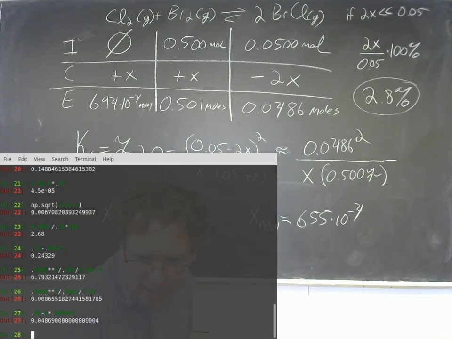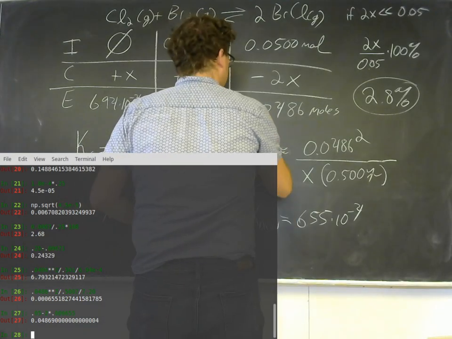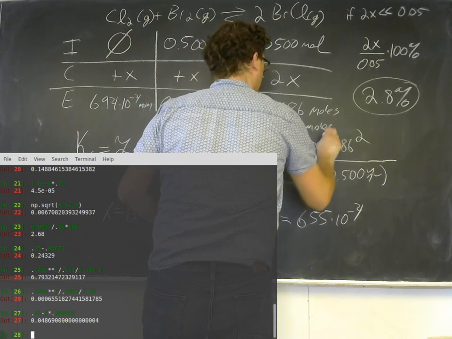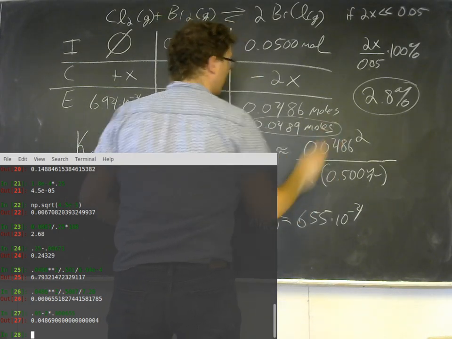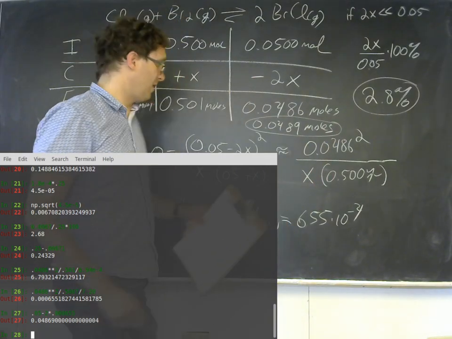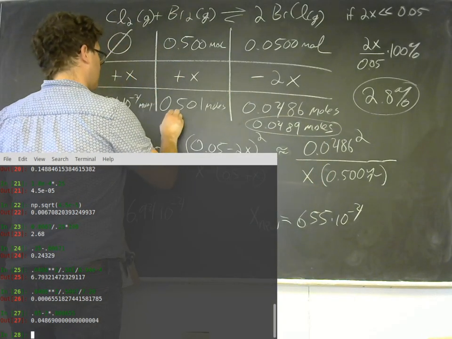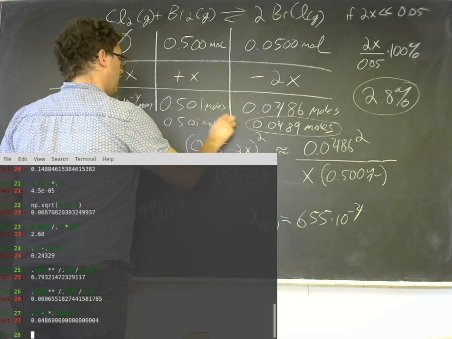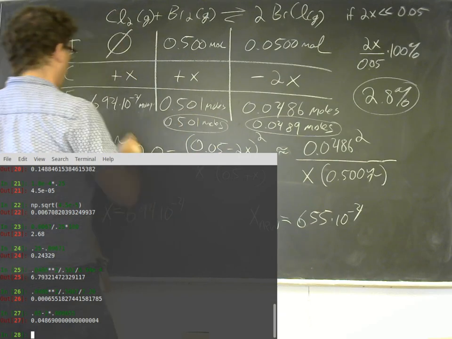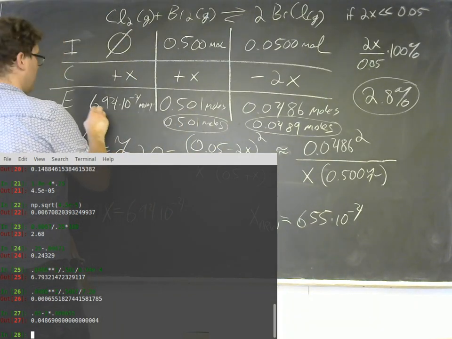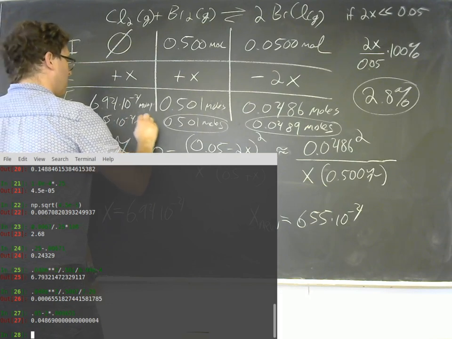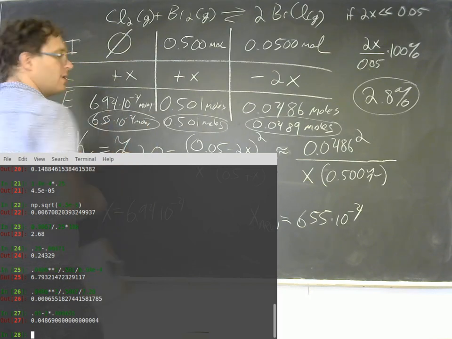That's going to be 0.0489 moles. This is our new concentration here. And then this will still round to 501. It will still round up. And this will now be 6.55 times 10 to the negative fourth moles. There we go.